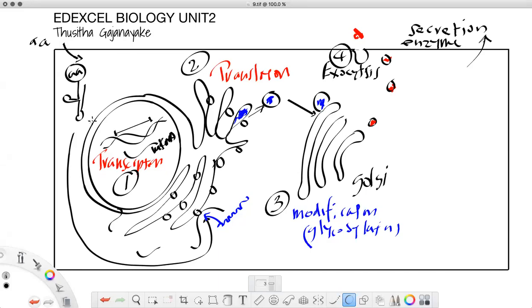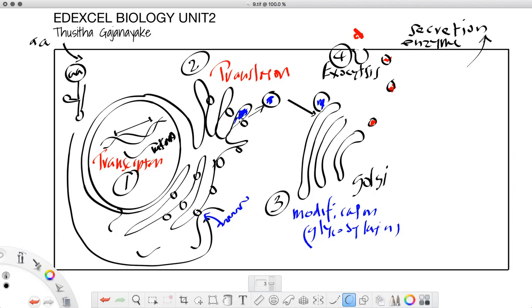Right, you can add the minor details. This is the gene of the DNA which is responsible for making the enzymes, and the messenger RNA is produced by transcription. The messenger RNA leaves the nucleus to the cytoplasm, and it goes to the ribosomes. Inside the ribosome, translation takes place. Then the amino acids are brought to the ribosome by tRNA molecules, and inside, these amino acids are joined together by peptide bonds to make a polypeptide.